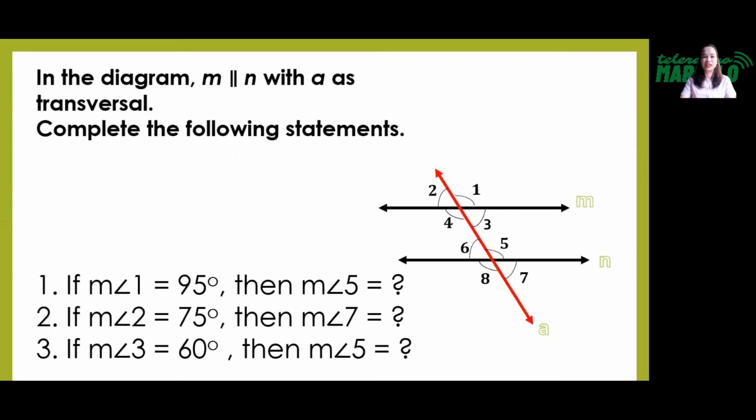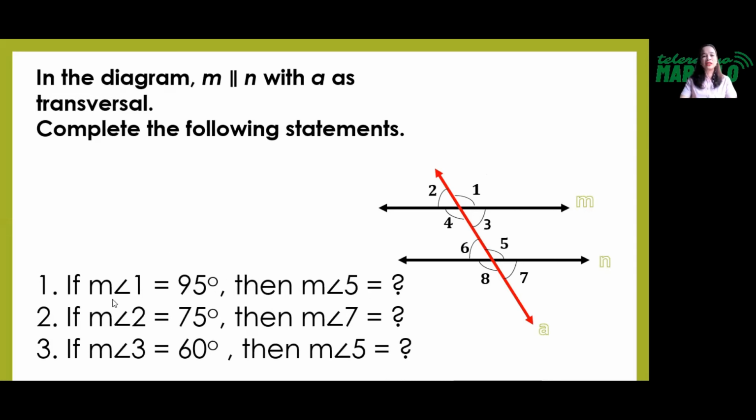So here is the diagram. In the diagram, M is parallel to N, and A is the transversal. Complete the following statements. So we have 3 statements here, and all these statements are related, of course, to the figure.